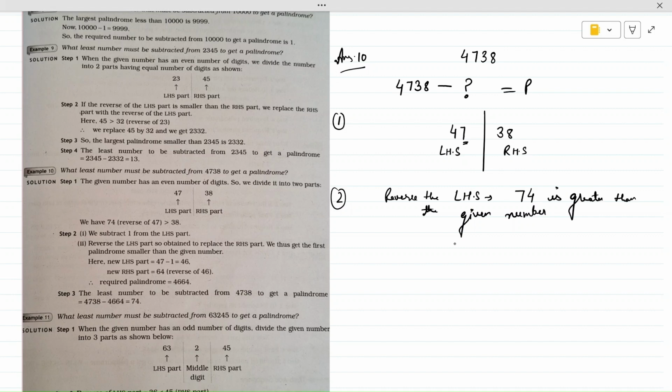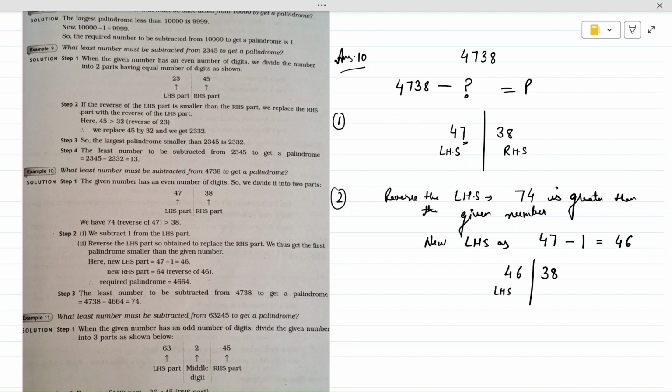So now we are going to take the new LHS as the given number minus 1. We are going to subtract 1 from this, and we will get 46 in the LHS. Now I can write this number as 46 and 38.